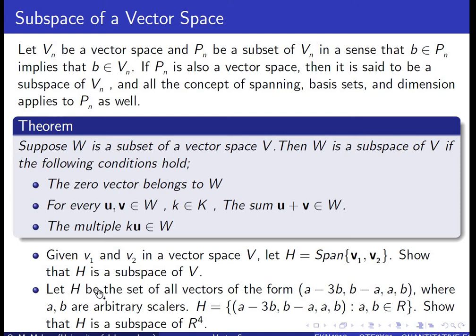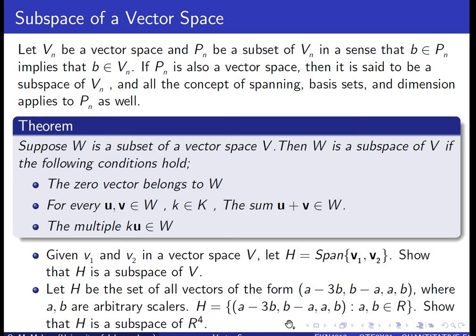Here H is defined differently. Now my H is defined as (A minus 3B, B minus A, A, B), where A, B are arbitrary scalars in the sense that I don't know what they are. They can be 1, 2, whatever the case.